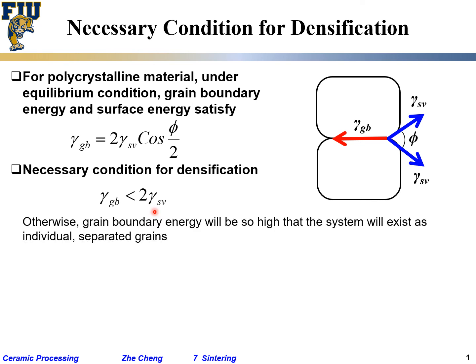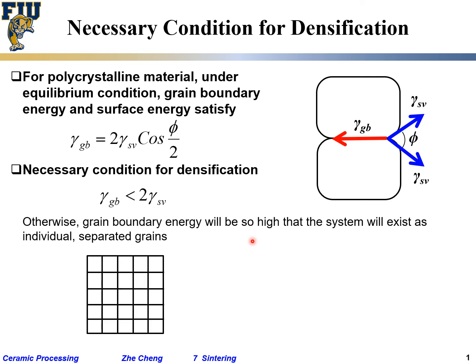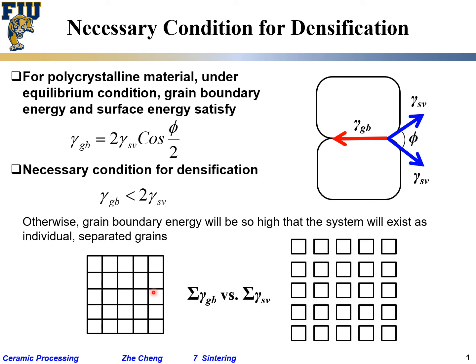Otherwise, the grain boundary energy will be so high, if it doesn't satisfy this relationship, that the system will prefer to exist as individual separated grains. So instead of coming together like this, the system would exist like individual particles.